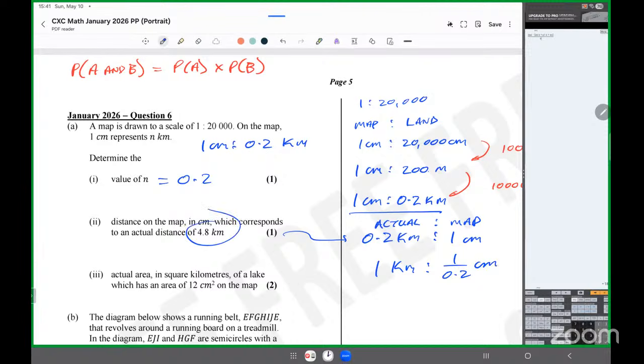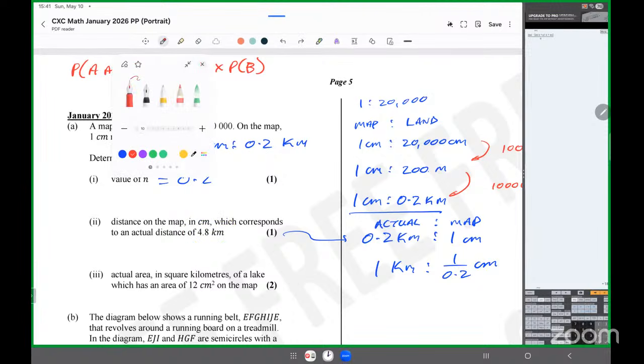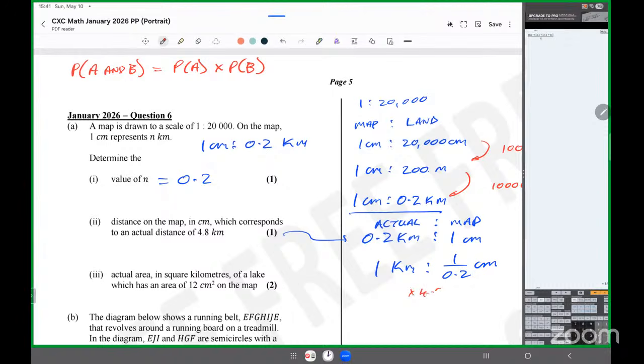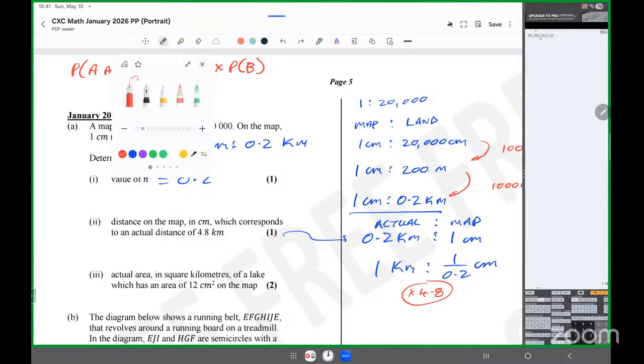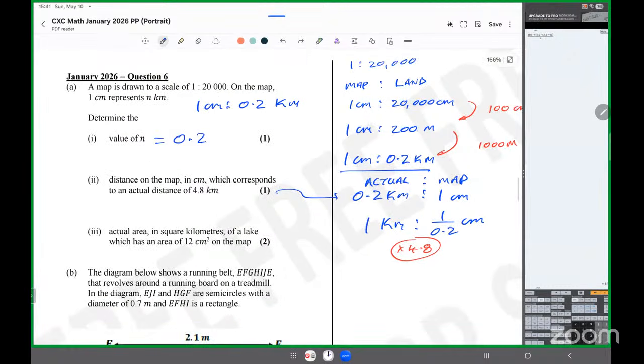What is 4.8? To get the 4.8, I'm going to multiply by 4.8. Now that we know what 1 is, we can multiply by 4.8. So I carry down to 1 first, and then we multiply back up to 4.8. So 4.8 kilometers becomes 1 over 0.2 times 4.8 centimeters.